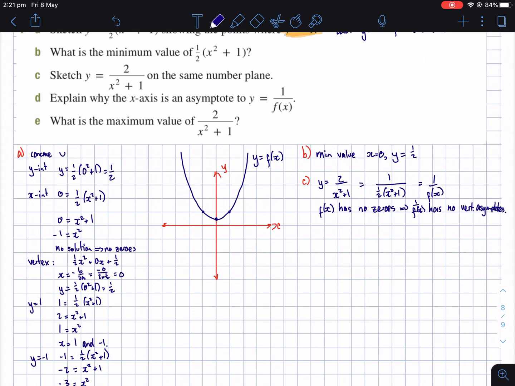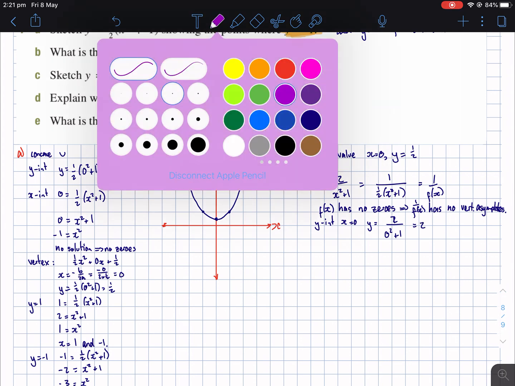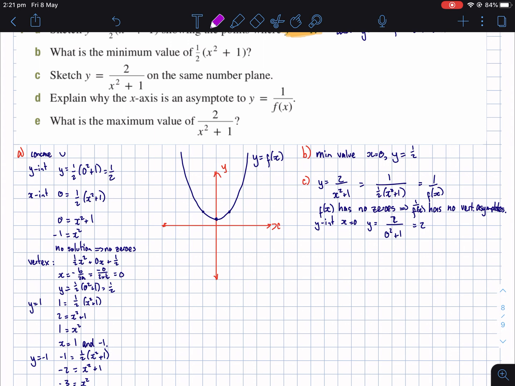Let's see if it has any horizontal ones. Actually, no, let's just do our normal intercepts. So the y-intercept, x equals 0, so we've got y equals 2 over 0 squared plus 1, so it's 2. Okay, so let's put that in, the point (0, 2).